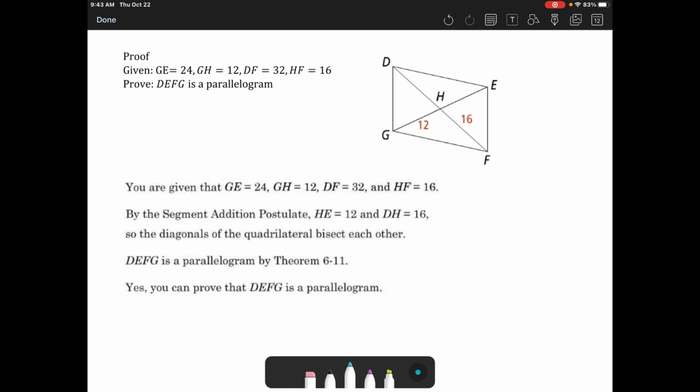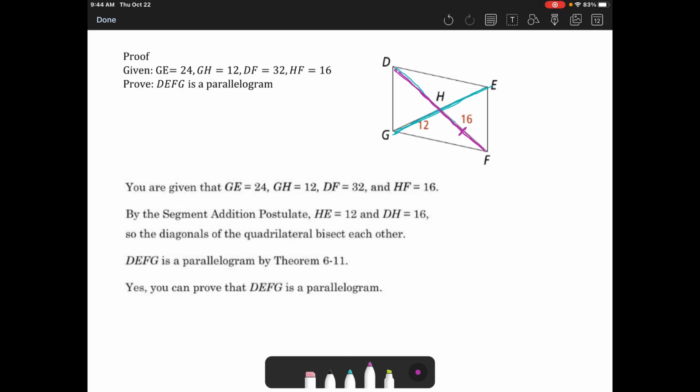All right, so GE is 24 and GH is 12. DF is 32. And HF is 16. Okay?